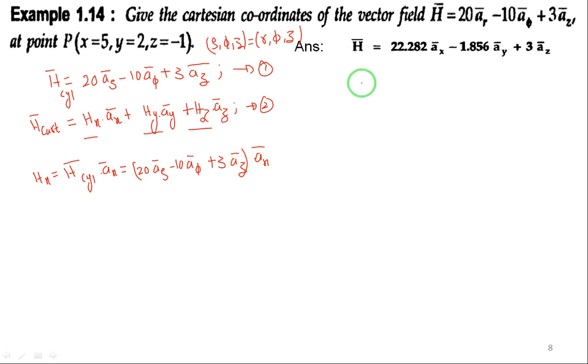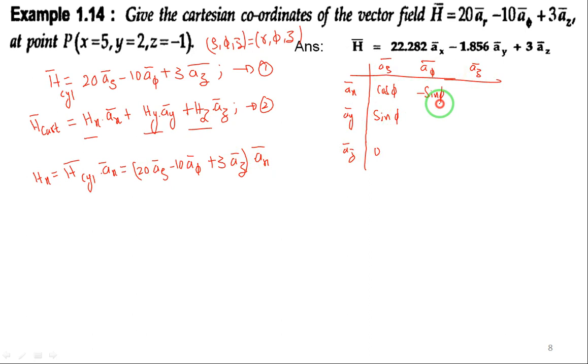Let me write it once again, because I will not go back to the previous slide. ax, ay, az against a rho, a phi, az: x equals rho cos phi, y equals rho sin phi. This will be 0. The derivative of cos phi is minus sin phi, the derivative of sin phi is cos phi, and this is once again 0. Then 0, 0, 1.